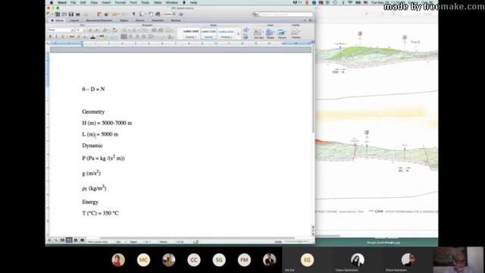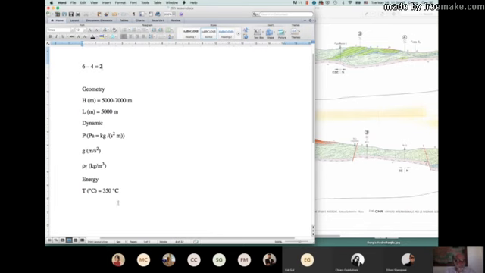Meters, kilograms, seconds, temperature, centigrade, so 4. So by doing this, you think you will need only 2 dimensionless parameters. What could they be?